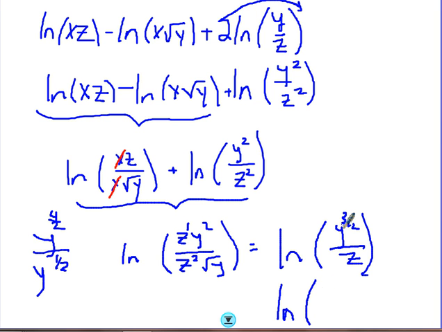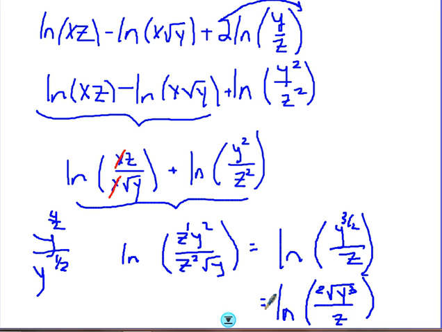Remember, y to the 3/2 is the same as the square root of y to the 3rd over z. That's a y to the 3rd. Good. So these two answers are equivalent. They're just different. One's a fractional exponent, and one is in radical form.